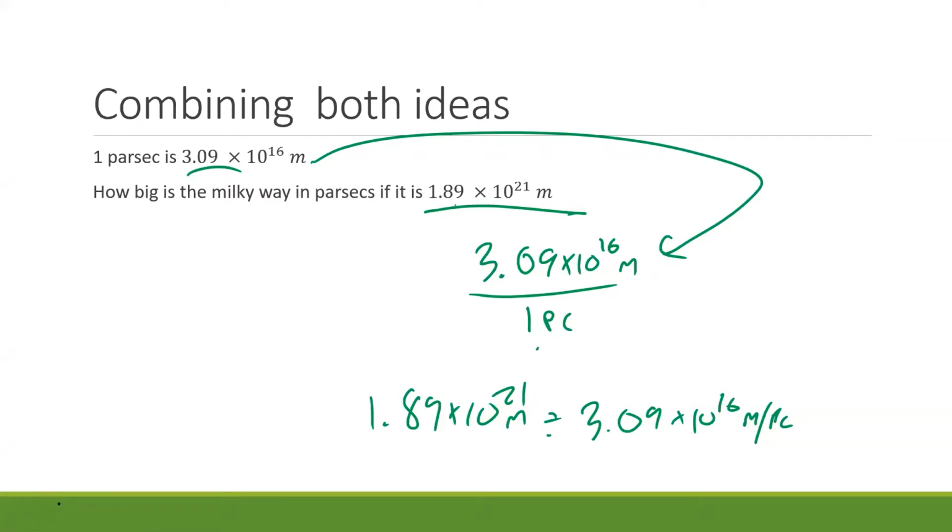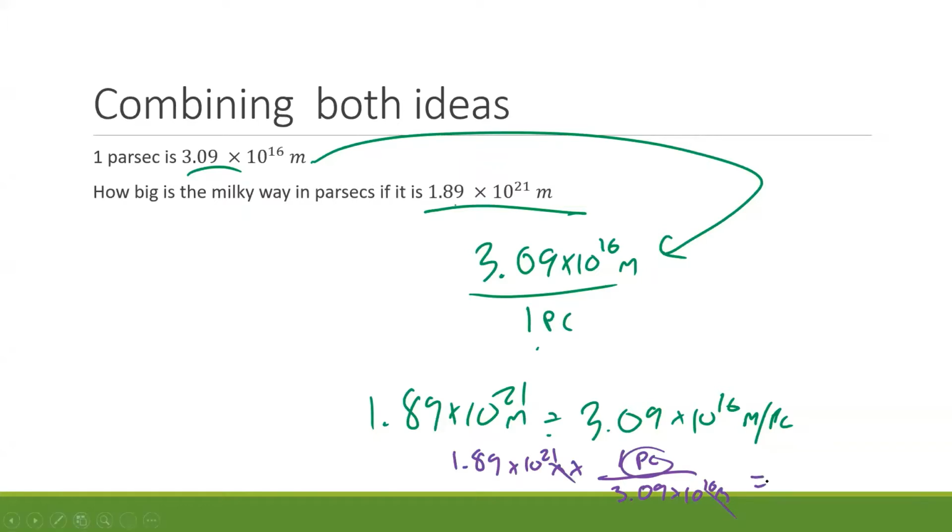It doesn't matter. If I quickly look at this, by the way, finishing this off, this is going to be 1.89 times 10 to the power of 21 multiplied by 1 parsec over 3.09 times 10 to the power of 16 meters. The meters are going to cancel, which is just going to give me an answer in parsecs.